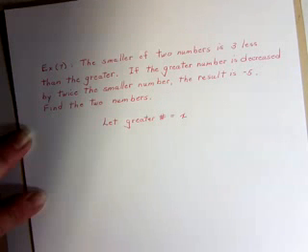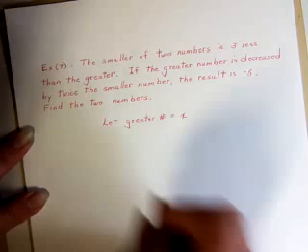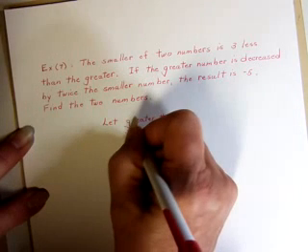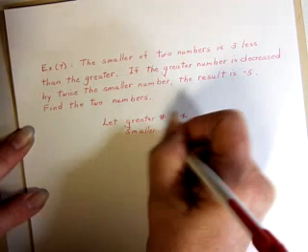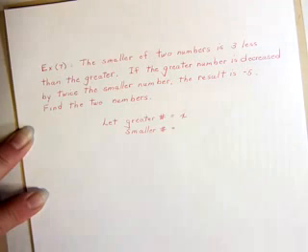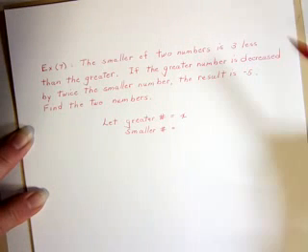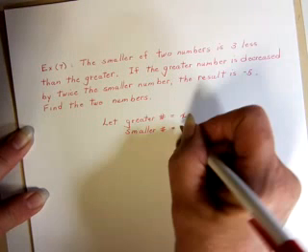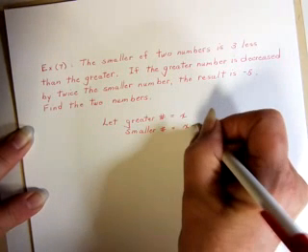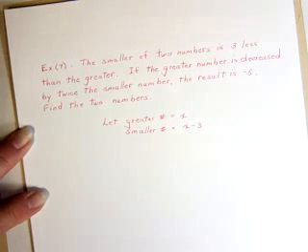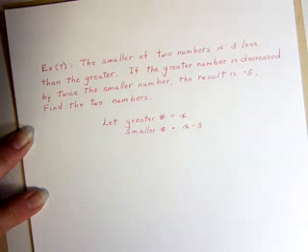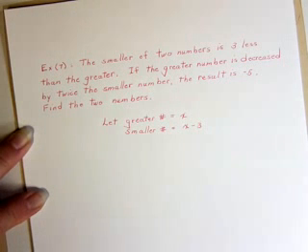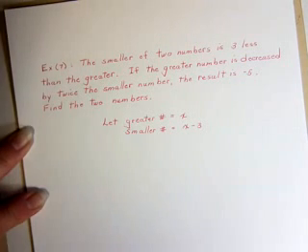Now that we've named the greater number, we can continue with naming the smaller number. The smaller number is 3 less than the greater, so we will call it x minus 3. Now we proceed to the second sentence in the problem to translate that into an equation that we can solve.